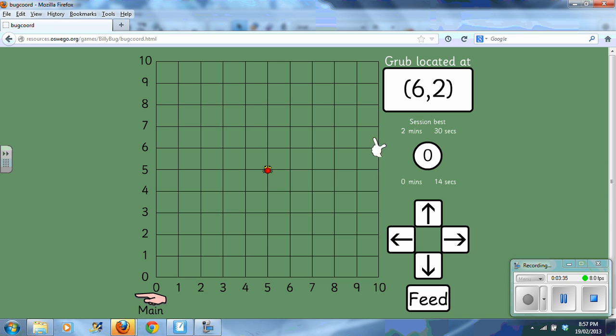So our bug needs to crawl 6. So let's make him crawl 6 along the bottom. And then let's make him climb 2. 2, 0. He needs to crawl 2 along the bottom and climb none.